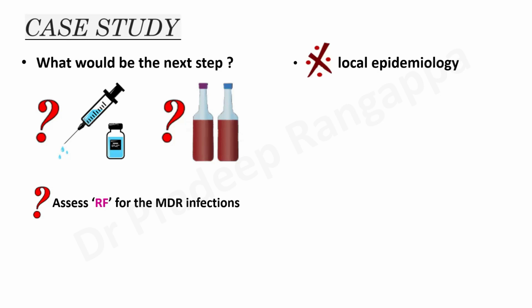The point to be emphasized is to understand the importance of local epidemiology in determining the choice of antibiotics. Not only antibiotics, because all this while all of us keep reiterating that we need to know local epidemiology. But now we have moved from the treatment aspect to the diagnostic aspect. We need to know local epidemiology to determine whether a blood culture is enough at all. We cannot stop at blood culture.